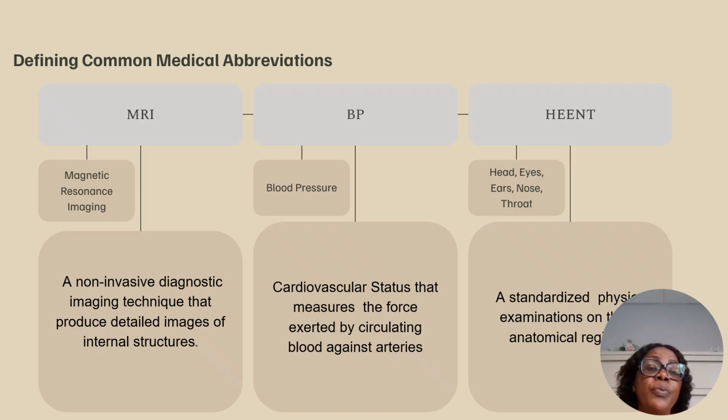BP, known as blood pressure, is a cardiovascular status measure of the force exerted by circulating blood against arteries. HEENT stands for head, eyes, ears, nose, throat. It is a standard physical examination of the anatomic region.